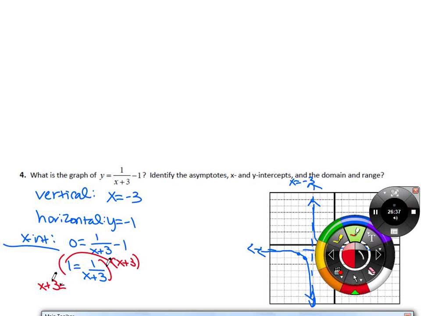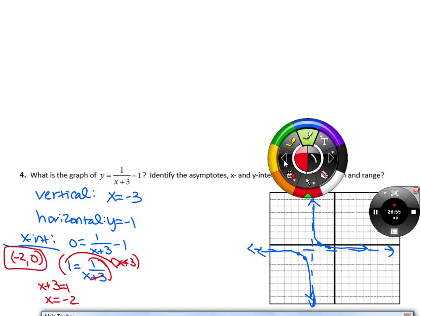And on the right side, the x plus 3's will cancel, and I'll just have 1. I'll subtract 3 over, and I'll have that x is equal to negative 2. Which means my x-intercept, which I found totally algebraically, I didn't even look at my graph, is the point (-2, 0), but that should match with what's on my graph. And it does. So I know I did a good job algebraically.